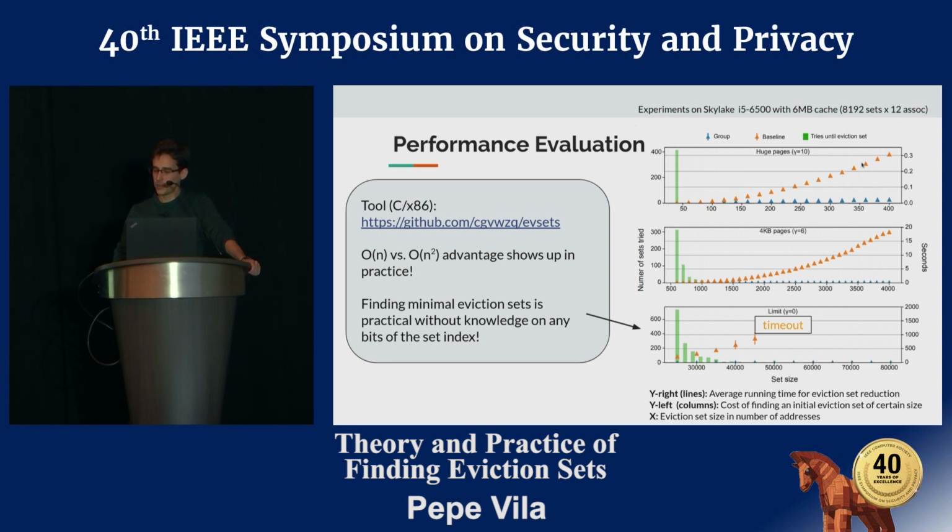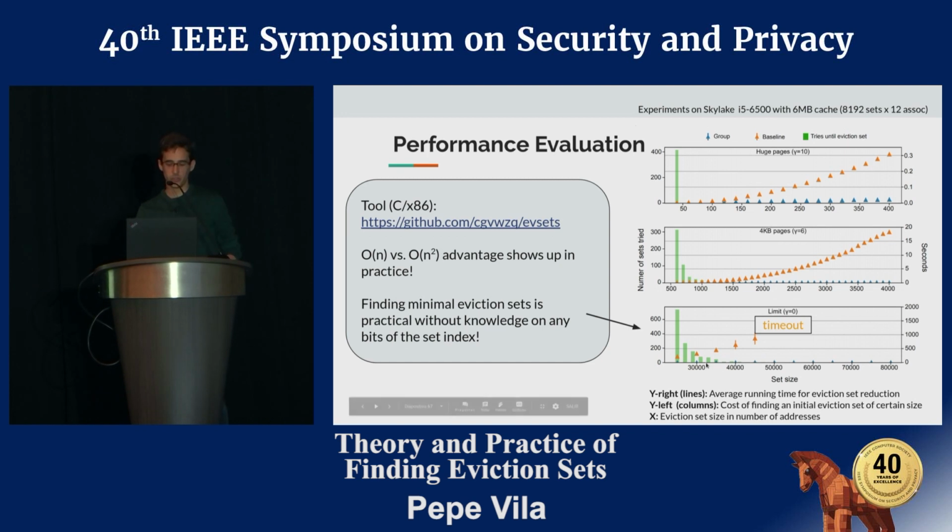And we can see that in the first case, since the initial sets don't need to be too large, reducing a set of 200 or 300 addresses, the performance benefit is quite modest. But with partial information, we already see that the sets that we need to reduce are 2,000 or 3,000 addresses. And in this case, we start seeing a performance improvement of almost 3 orders of magnitude.